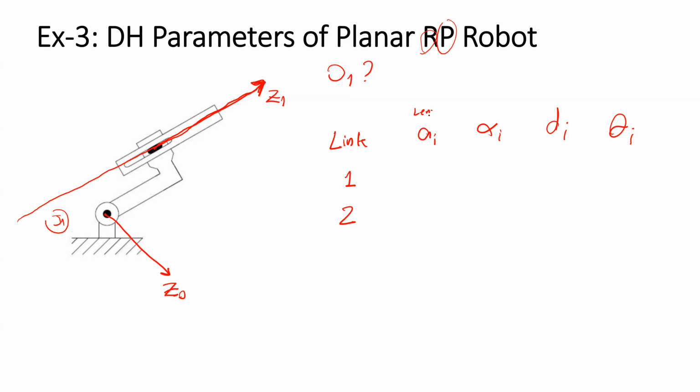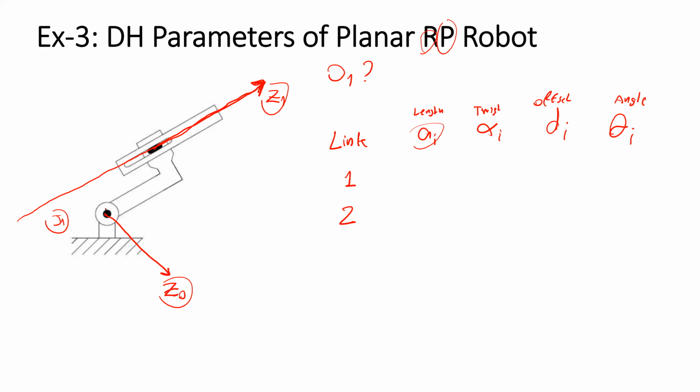The length, the twist, the offset, and the angle. For link 1, now we know only the direction of the z-axis. If we want to obtain the link length, what should the link length be?